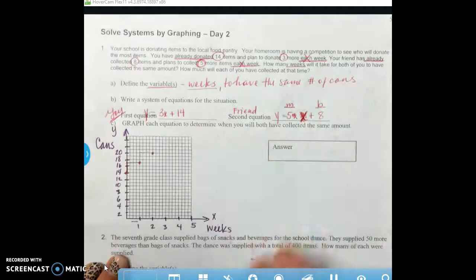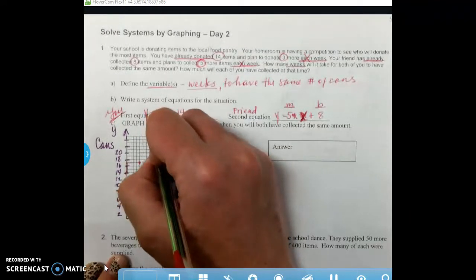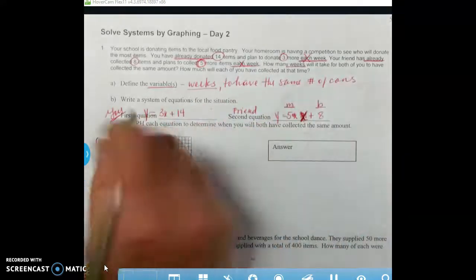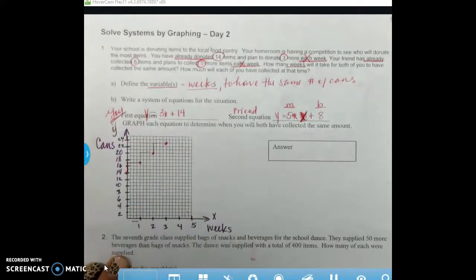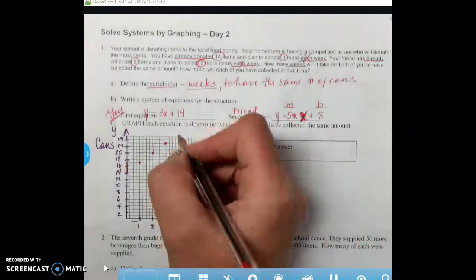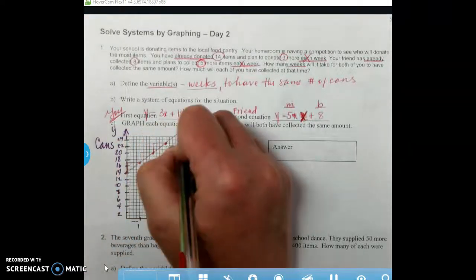By week 2, you have 20 cans, 3 per week. Week 3, you're going to have 23 cans. And week 4, we can't quite finish this up, so we're just going to leave it as that.